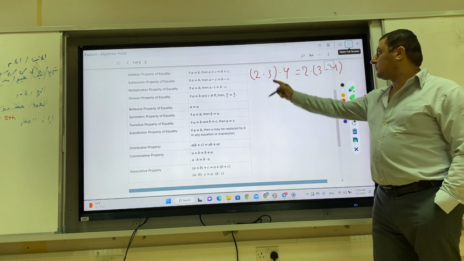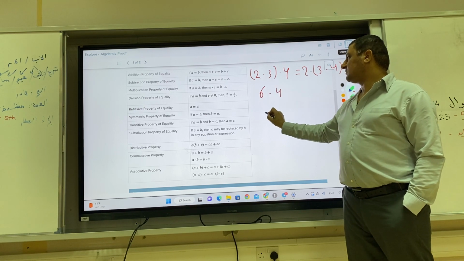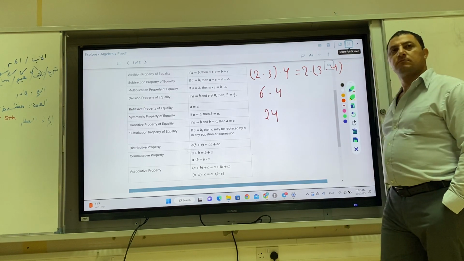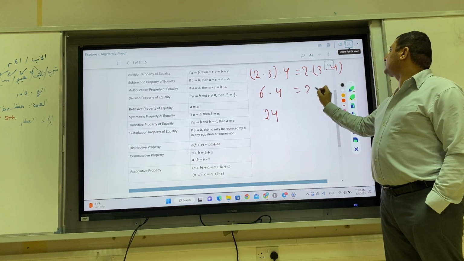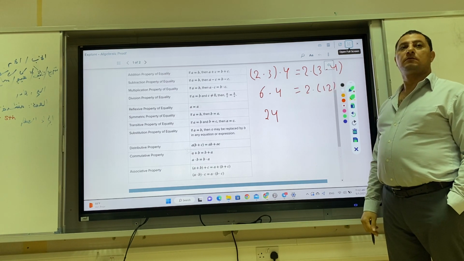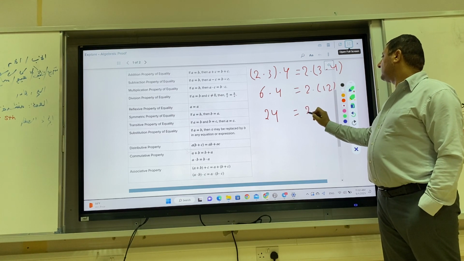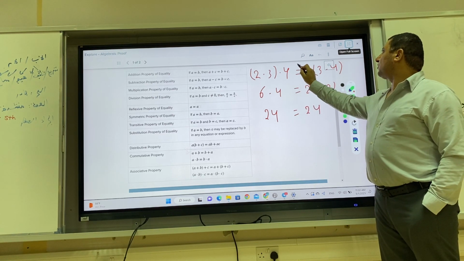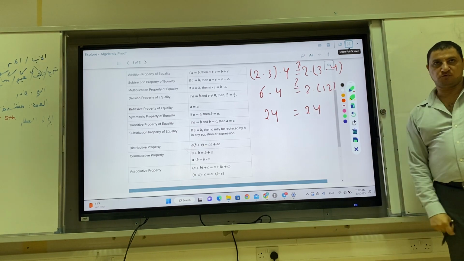We'll check. 2 times 3 is 6. 6 times 4 is? 24. Excellent. Equals 2 times 3 times 4? 3 times 4 equals 12. And 2 times 12 is 24. So they are equal. 24 equals 24.